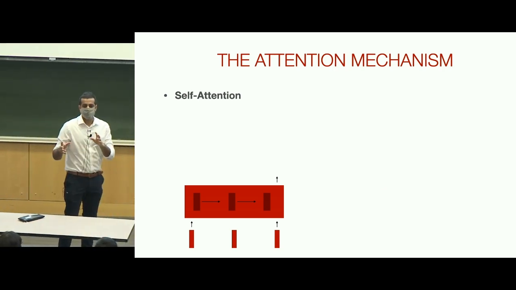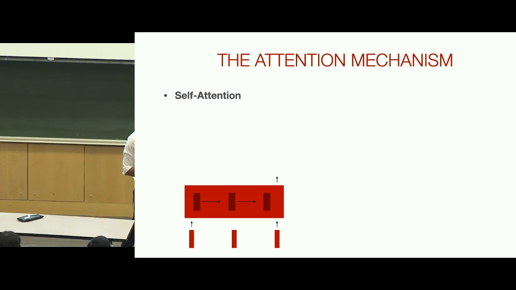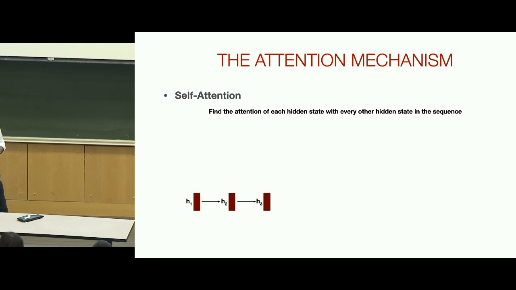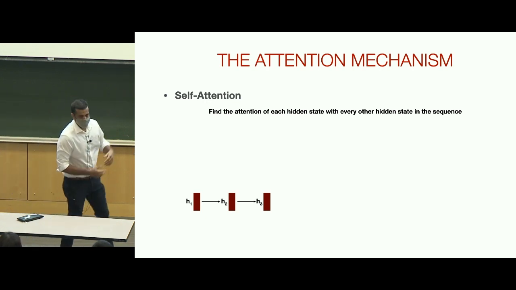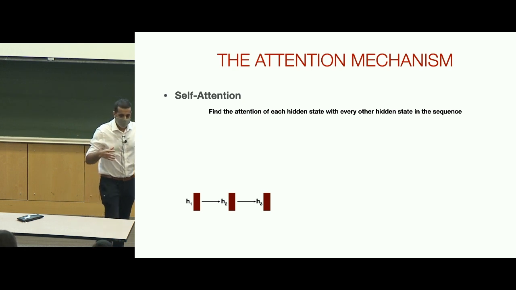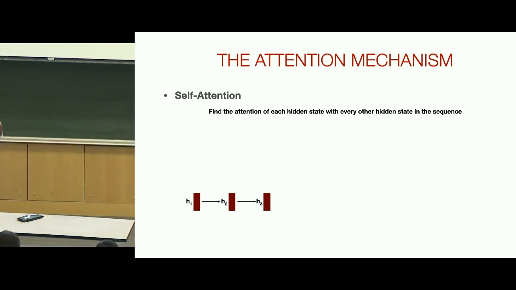What self-attention means, and the name says it, is that in attention we were calculating the attention between the hidden states of the decoder and the encoder. In self-attention, we're calculating the attention of every hidden state with every other hidden state in the sequence. So I'm calculating attention within a sequence now, not between a generated sequence and the input sequence.